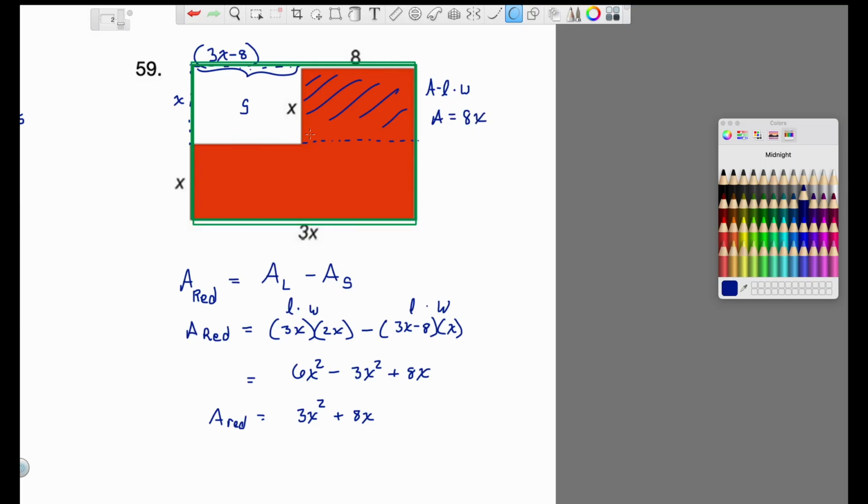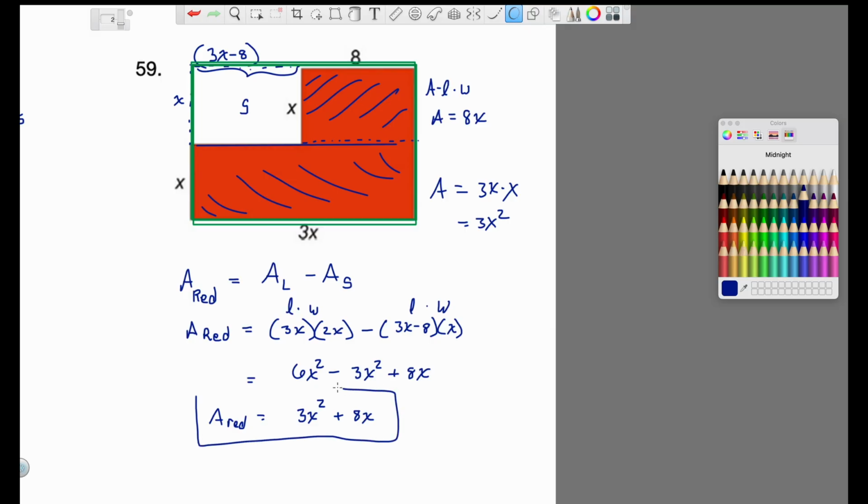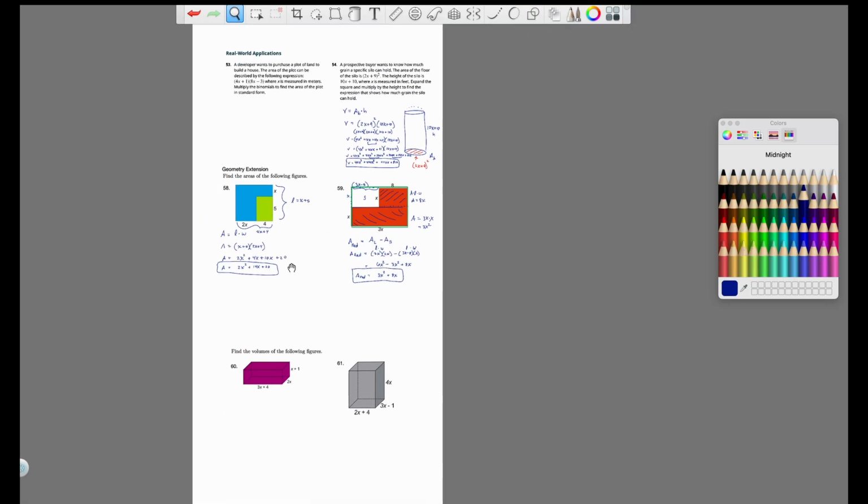And then this region here, crosshatching it this way, is length 3x times x, which is 3x squared, and I just add them together. So that would be 3x squared plus 8x. The first way was cutting out the small rectangle first, but you could have cut this up and just added those two pieces. That's our answer. 2 ways to solve it. And I think I'll stop right there.